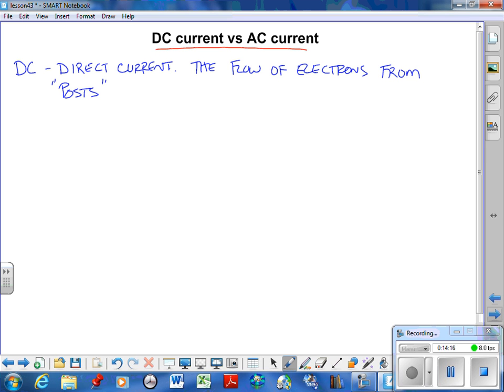We'll talk about that when we get to the end of it. Posts on a battery. All right. I'll finish up the rest of this note in the second part of the video, but it's just finishing up, going through some definitions.